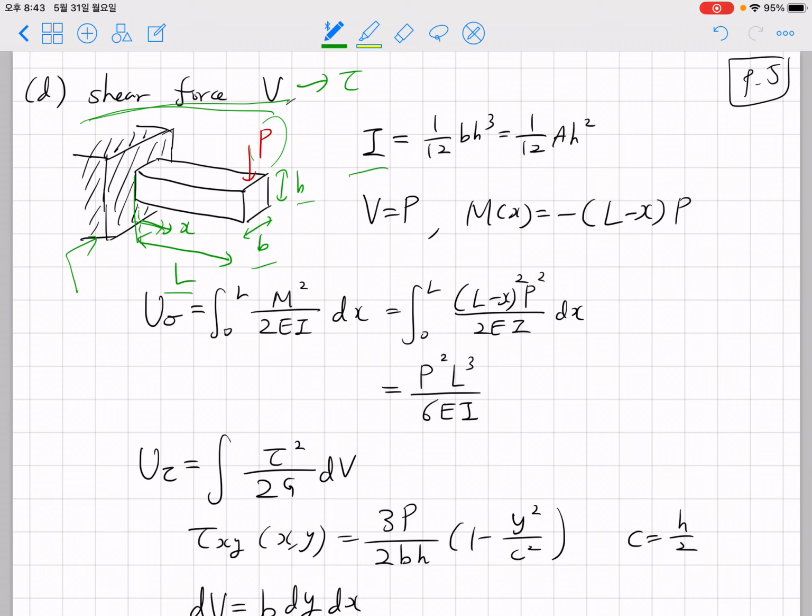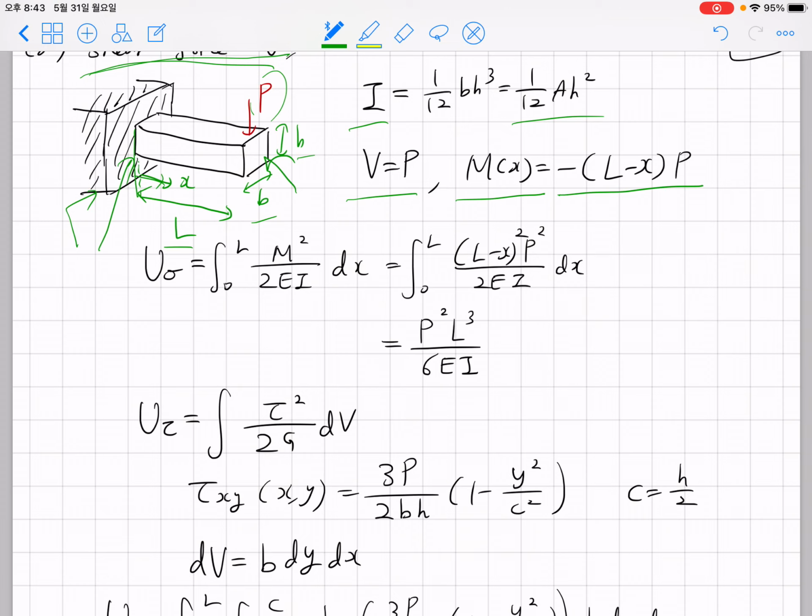So I is given as 1/12 BH cubed, V is given as P, and you can also obtain M as a function of x as minus (L minus x)P. So M is 0 at the right end, but M becomes maximum at the left end.